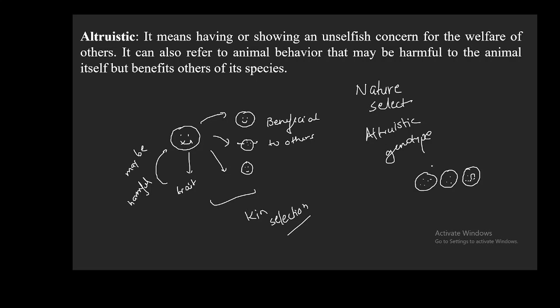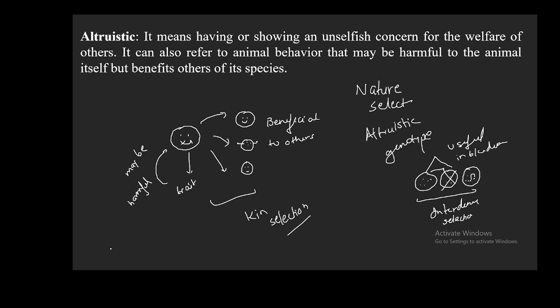So whenever the trait is useful between the demes, then this is known as interdeme selection. So what does it mean? The trait could be harmful for this particular deme, but it is beneficial between the demes. So it is not at the individual level, it is at the level of demes.